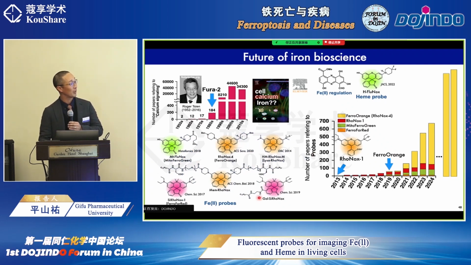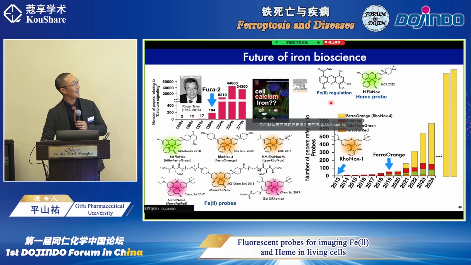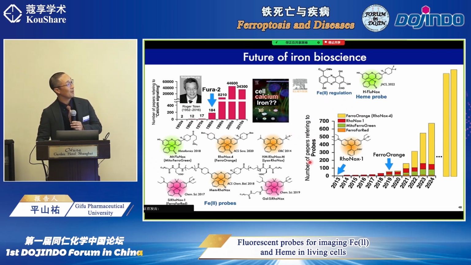We have reported many types of ferrous ion Fe2+ selective probes, and a number of papers referring to probes keep increasing. So I hope the number of papers keeps increasing, and finally a new journal dealing with cell iron biology will be published in the near future.